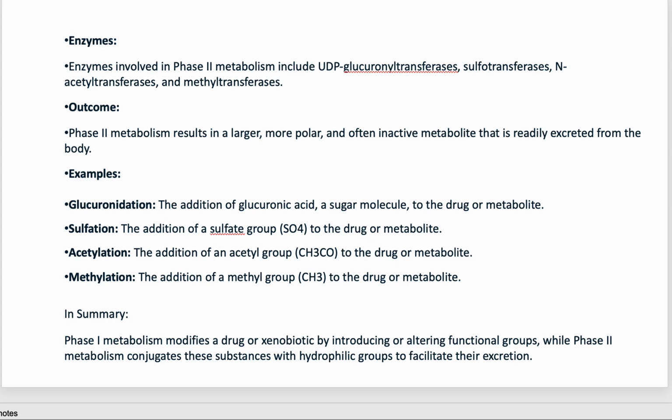Phase 2 metabolism results in larger, more polar, and often inactive metabolites that are readily excreted from the body.